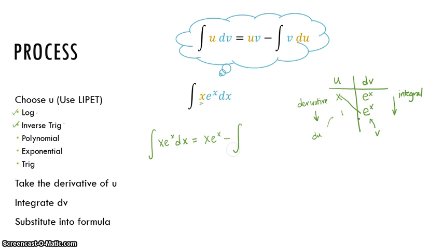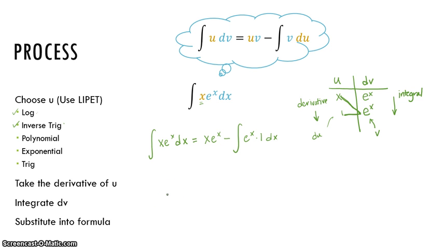Minus the integral of v, which is e to the x, times du, which is 1. So this makes kind of a greater than sign. So that can maybe help you remember the order that you do it in.